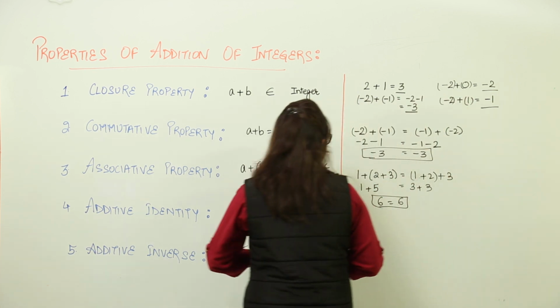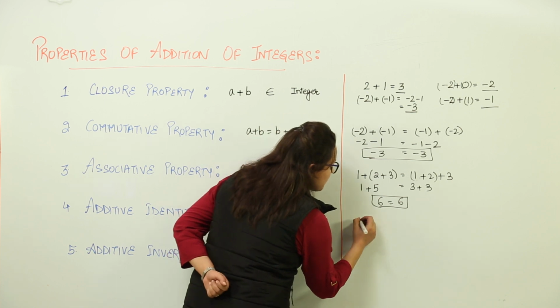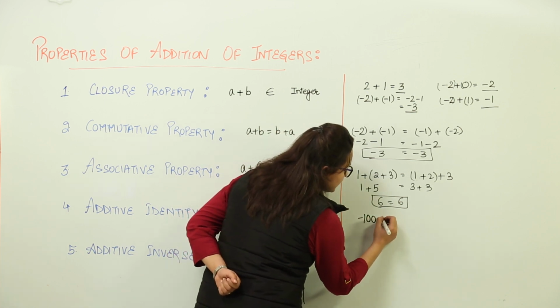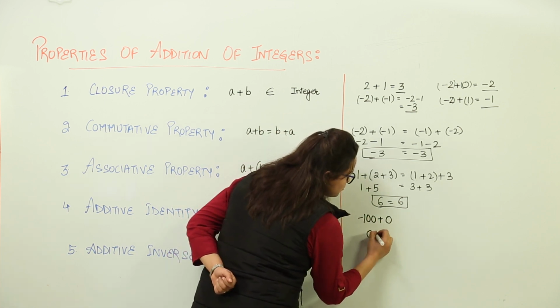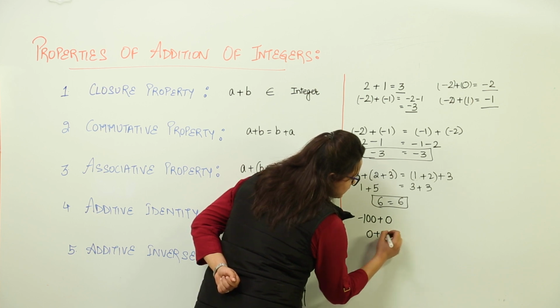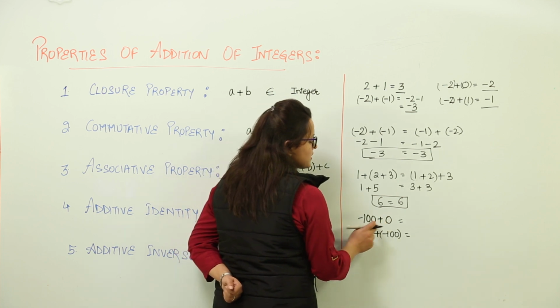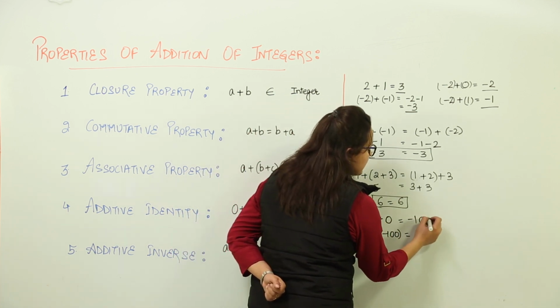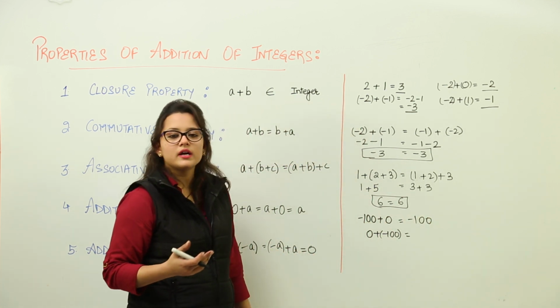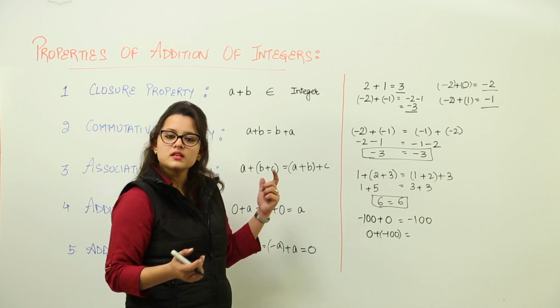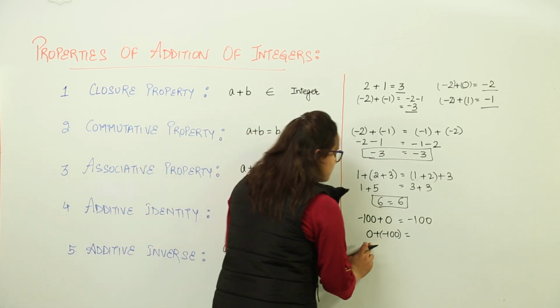Let us check this now. I am taking minus 100 plus 0, and also 0 plus minus 100. Let us check for both the cases. Minus 100 plus 0 is going to give you minus 100 because 0 added to anything is the same thing. What about this?